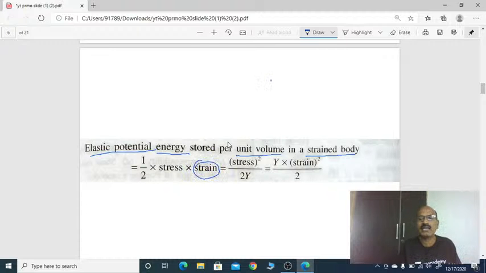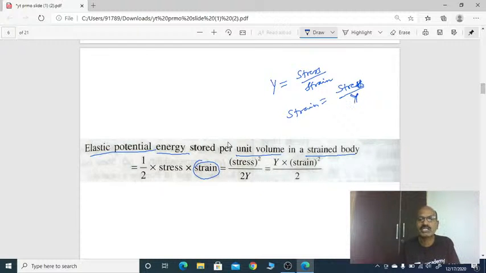Strain we can write, we know Young modulus equals stress by strain. From this, take strain up: strain equals stress by Young modulus. In strain's place substitute stress by Y, Young modulus.